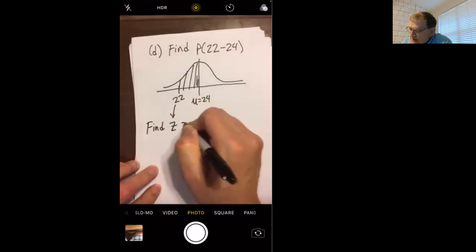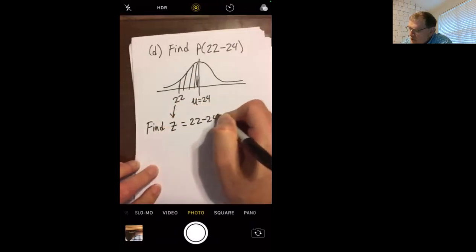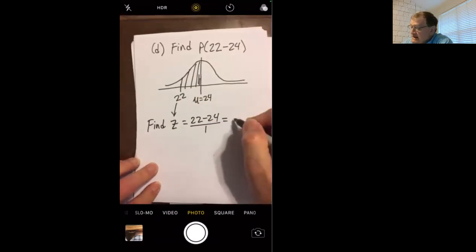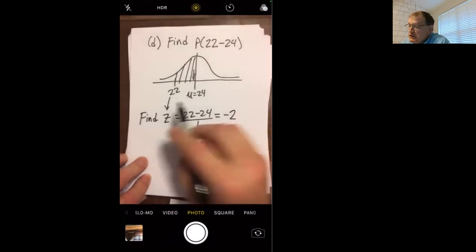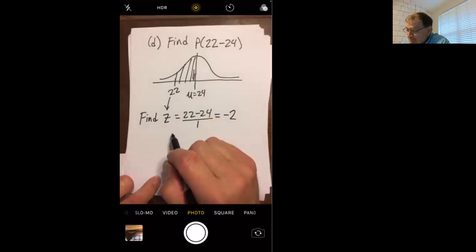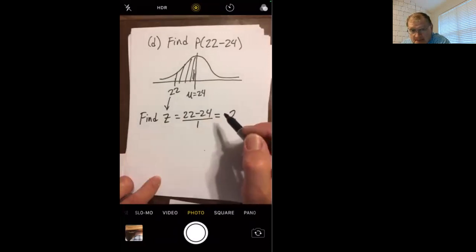Find Z to be 22 minus 24 divided by 1. You'll be able to tell that's -2. It's going to be 2 standard deviations lower than 24. Okay.